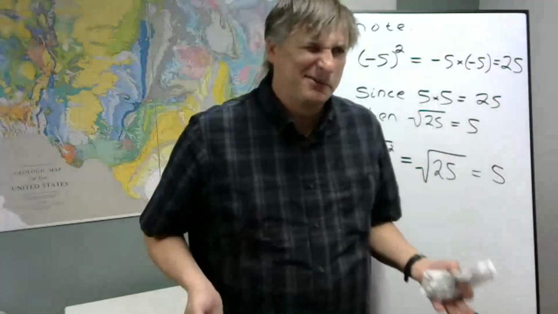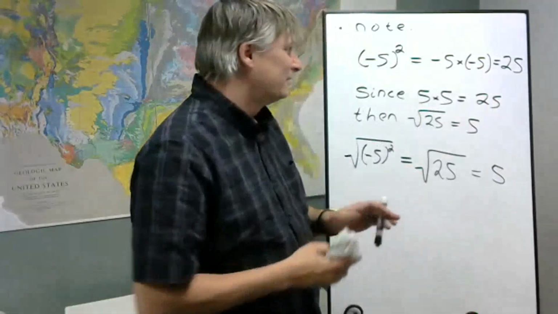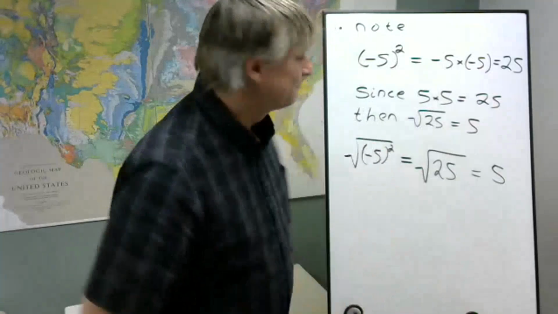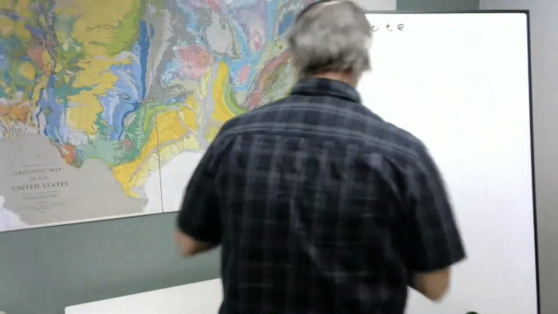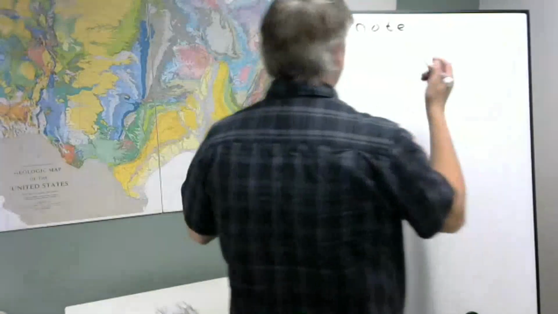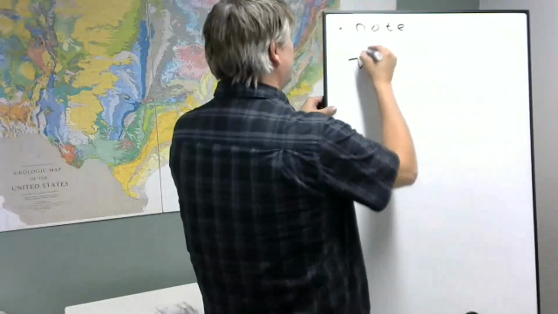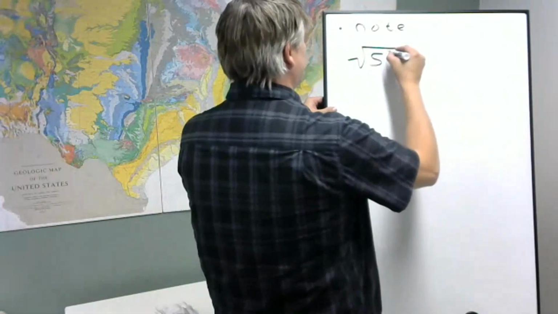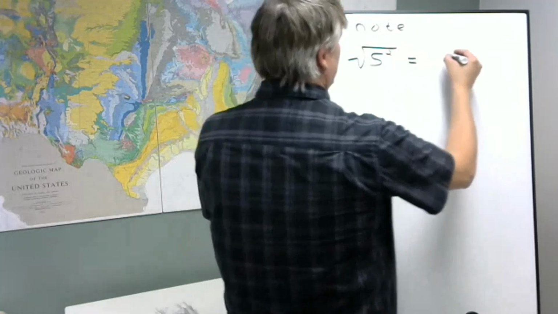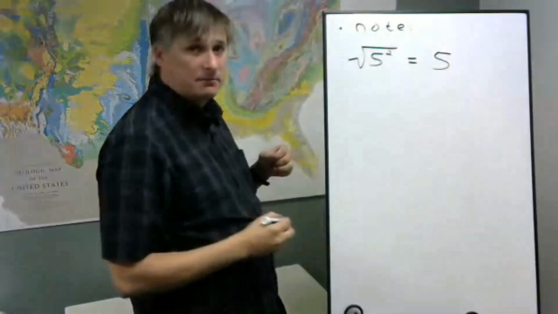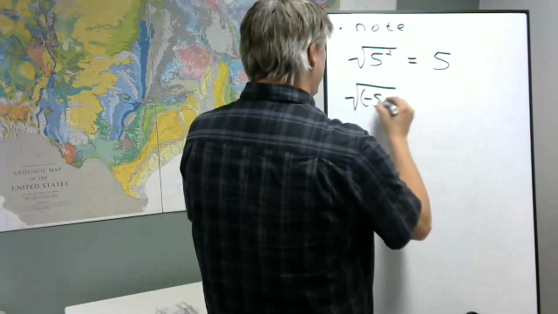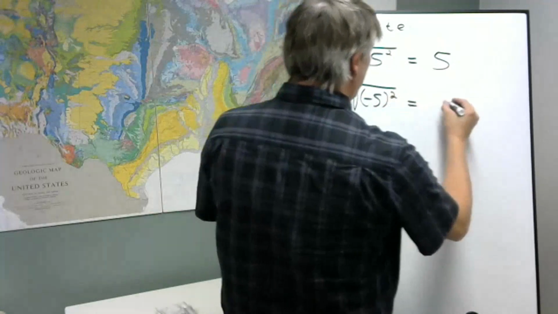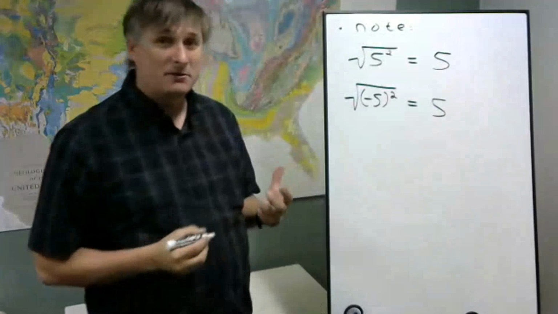Well, this just seems weird. Why am I doing this? Well, let me bring it all together. So we saw that the positive square root of 5 squared turned out to be 5. And then the positive square root of negative 5 squared also turned out to be 5.